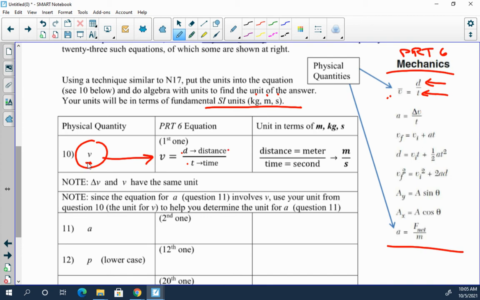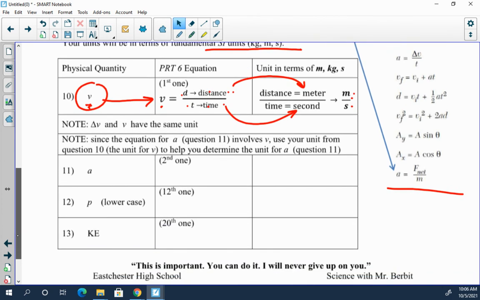D is distance, t is time. You know the unit for d, the meter. You know the unit for time, the second. So just follow the math. If speed is equivalent to distance divided by time, then the unit for speed is equivalent to the unit for distance divided by the unit for time. So the unit for distance over the unit for time is the meter per second. There's your answer. The other three you'll have to do with the same exact process.